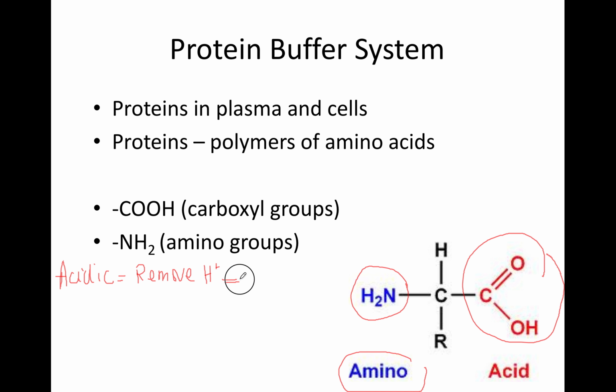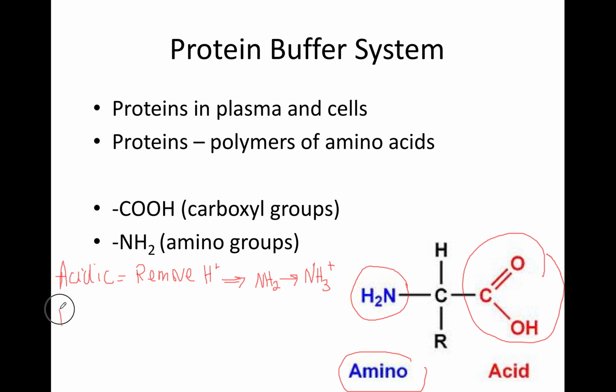So instead of the amine group being NH2, NH2 becomes what? It changes to NH3 plus. So that extra hydrogen gets combined to the amine group, and as a result, that hydrogen is removed from your system, and therefore you can return your blood pH back to normal.